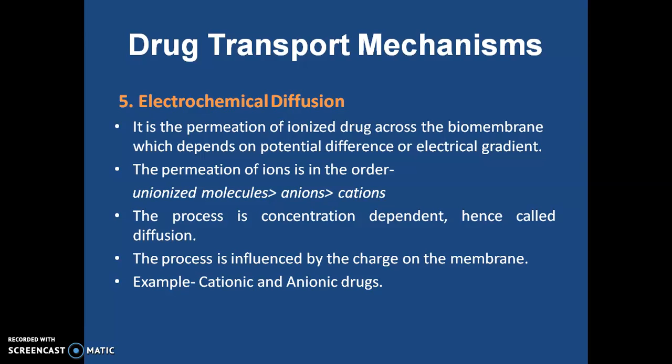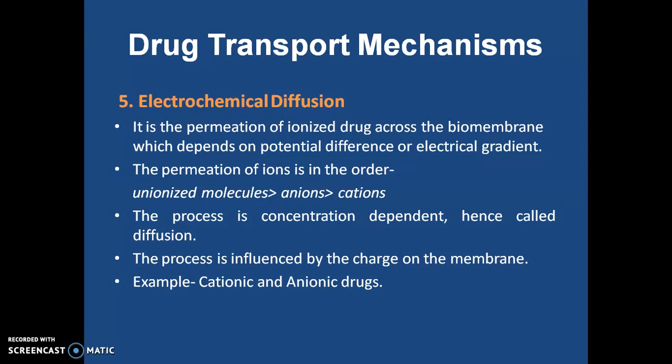Fifth of the drug transport mechanisms is electrochemical diffusion. As the name itself indicates, it is permeation of the ionized form of the drug across the membrane, which is dependent on potential difference or electrical gradient.